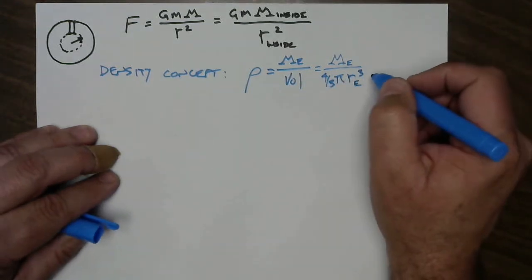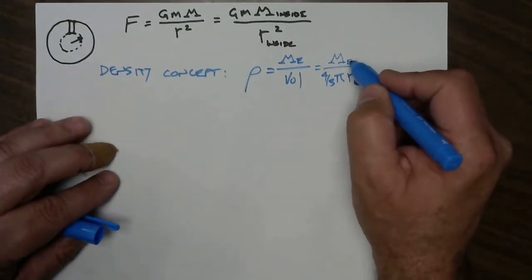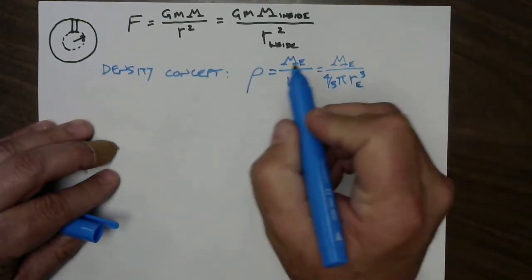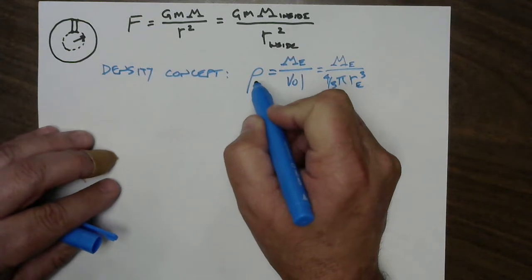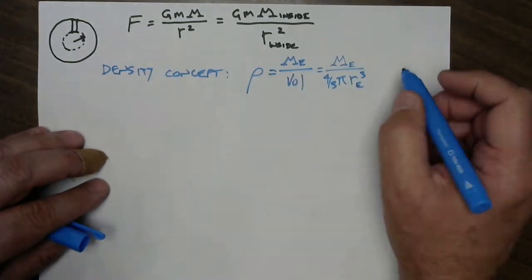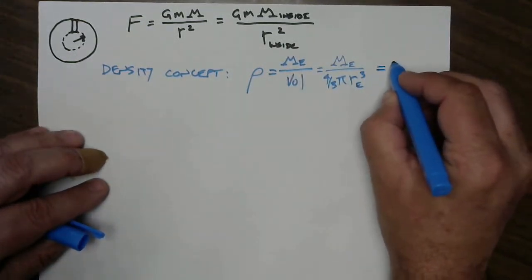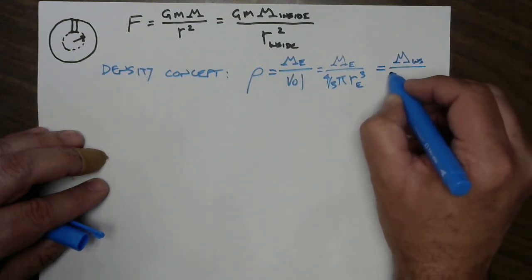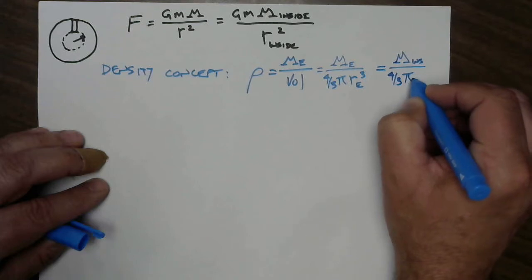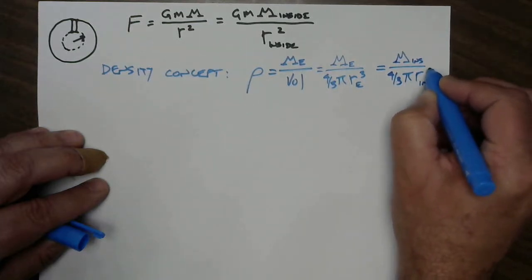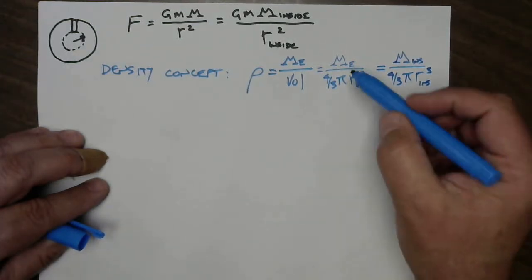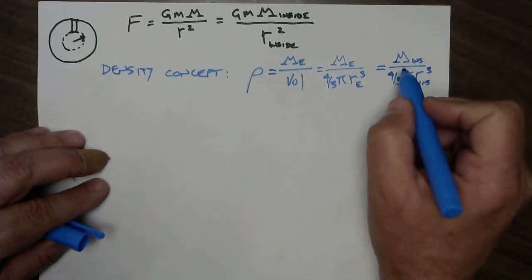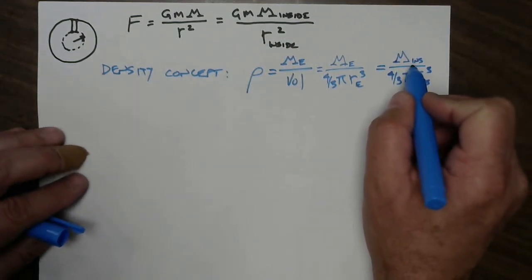That is a constant number. And so calculated from the entire mass of the Earth and the entire radius of the Earth, you get a constant number. But we can also exploit the concept of density by saying that this is also equal to the mass inside of our location divided by 4/3 pi times the radius inside of our location cubed. You see, if it works for the entire Earth, it also works for any fraction of the Earth. And this is how we're going to find out what the mass inside is.